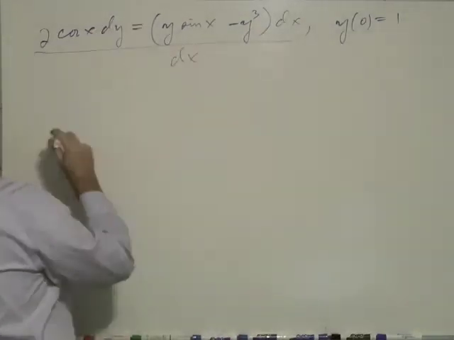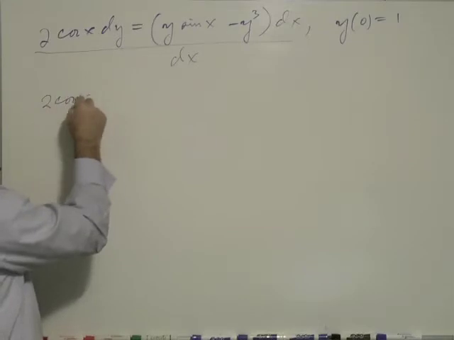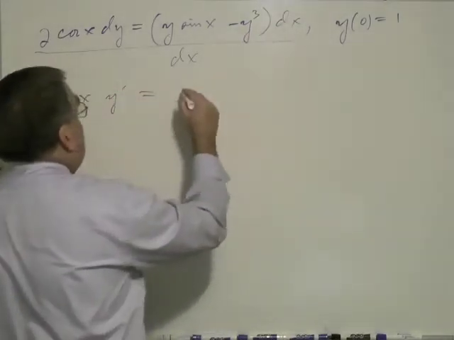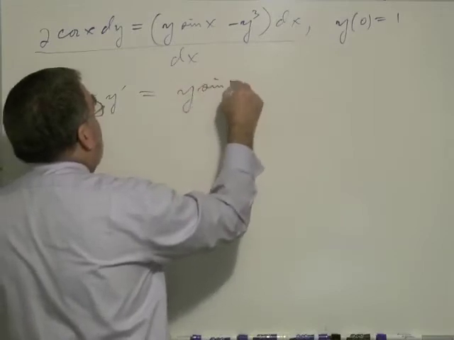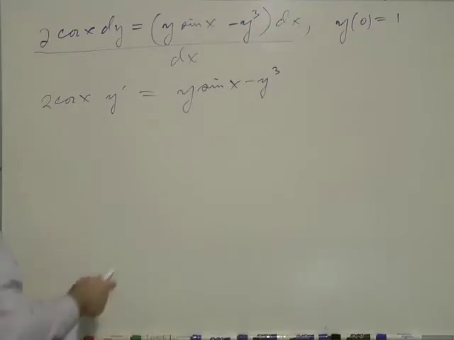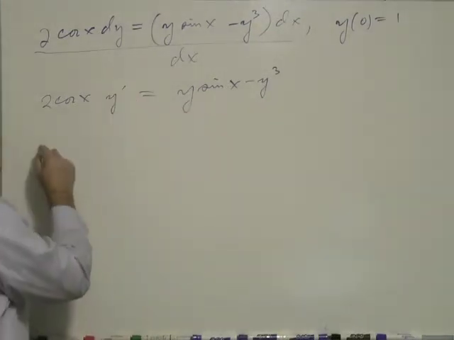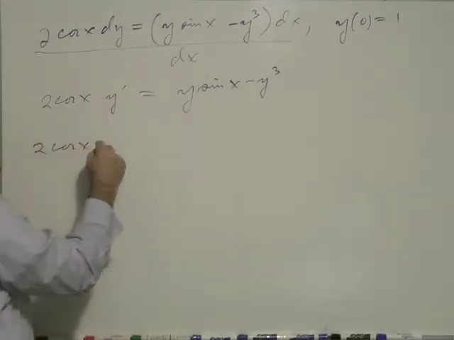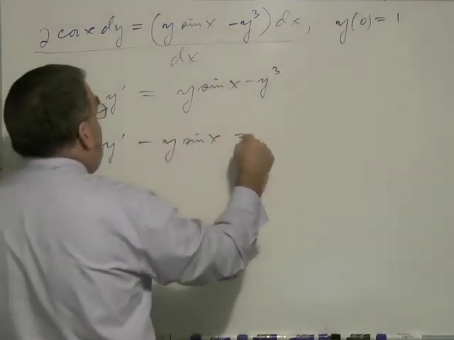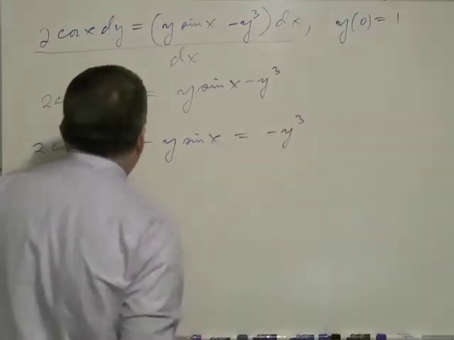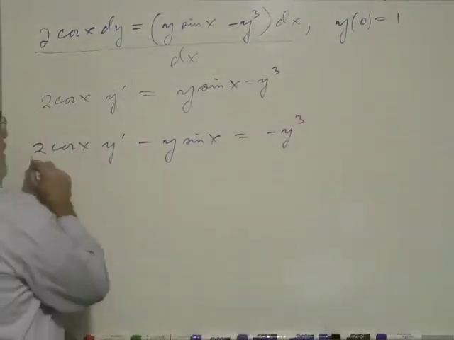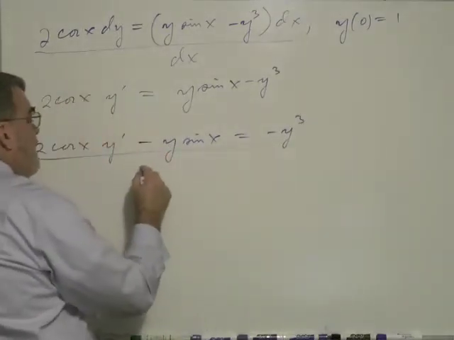And so dividing here, we'll get 2 cosine of x y prime equals, and here the dx's cancel, so y sine x minus y cubed. Now I'm going to bring this over to this side. So 2 cosine of x y prime minus y sine x equals negative y cubed. And let's divide by 2 cosine x, and I think you'll see why in a moment.